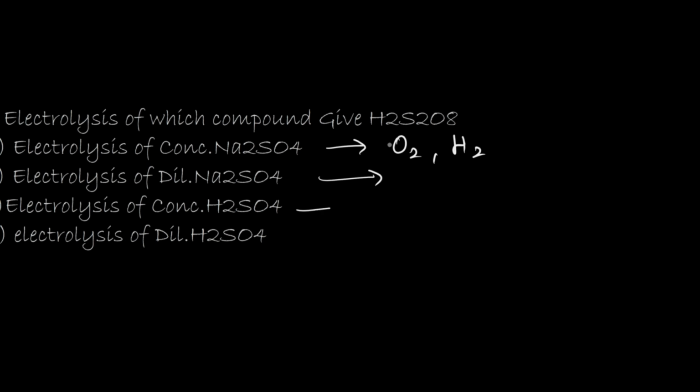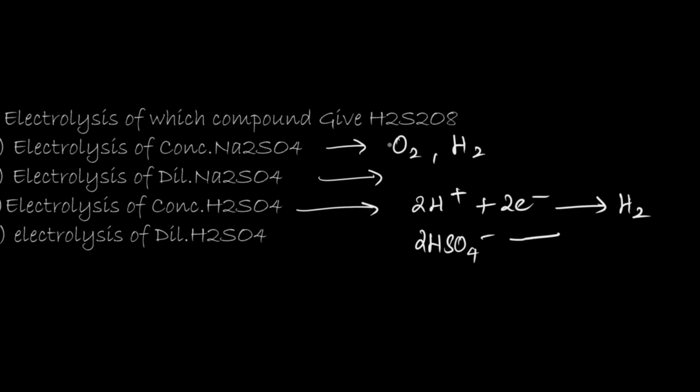There is no formation of H2S2O8. Talking about electrolysis of concentrated H2SO4, in the cathode reaction H+ takes up 2 electrons and gives H2, and as the anode reaction 2 HSO4- gives H2S2O8 plus 2 electrons.